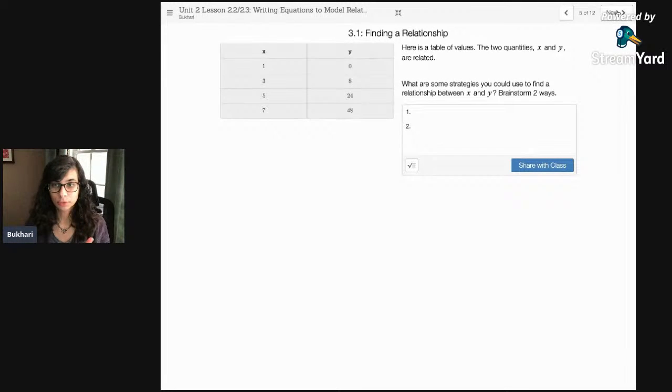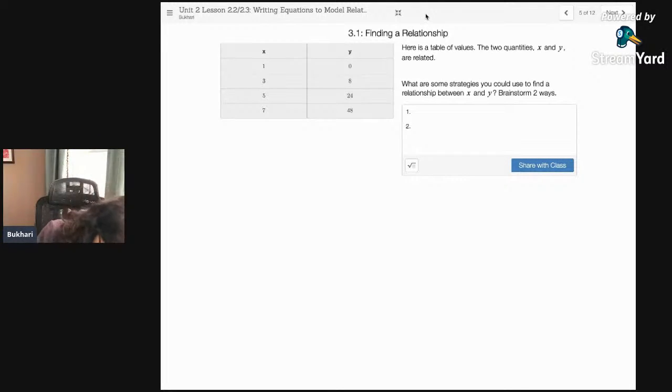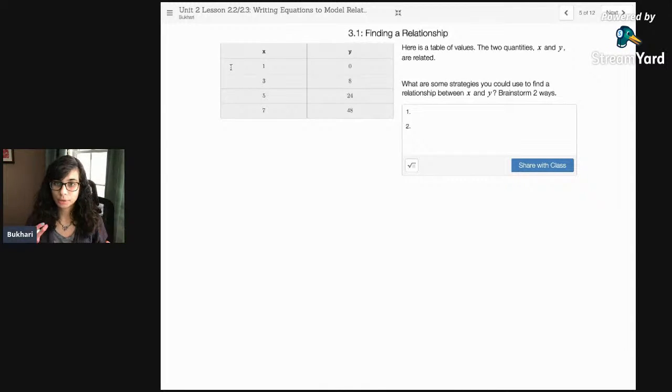And so if we have a table of values, we have our two quantities. Look at our equation here. How can we look at our table here? Sorry. How are X and Y related? How can we find a relationship between both of them? Think about different operations you studied in middle school and elementary school.